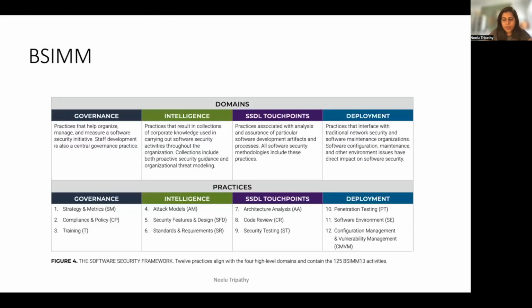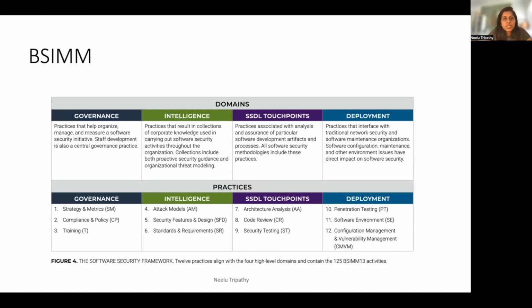Now, there are many maturity models available, and you can follow any of those. They're quite elaborate and extensive. This is an example of BSIMM, but there is also the OWASP DevSecOps maturity model, and there are other models as well.